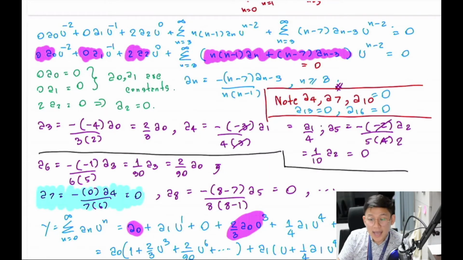A1 can appear if you have these terms, but these terms can never happen again because A7 is already 0.